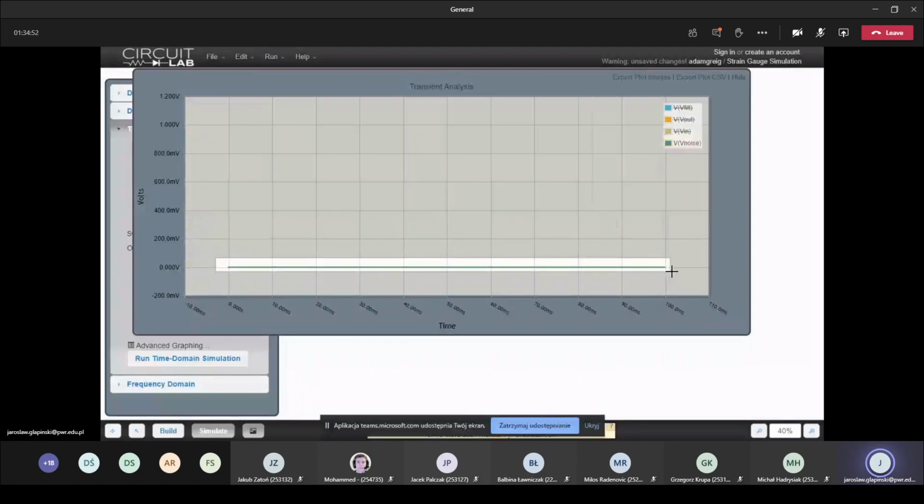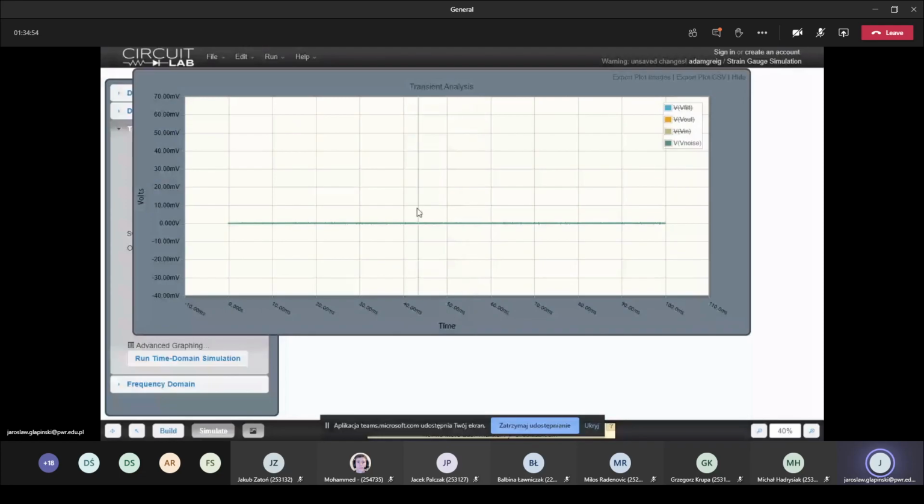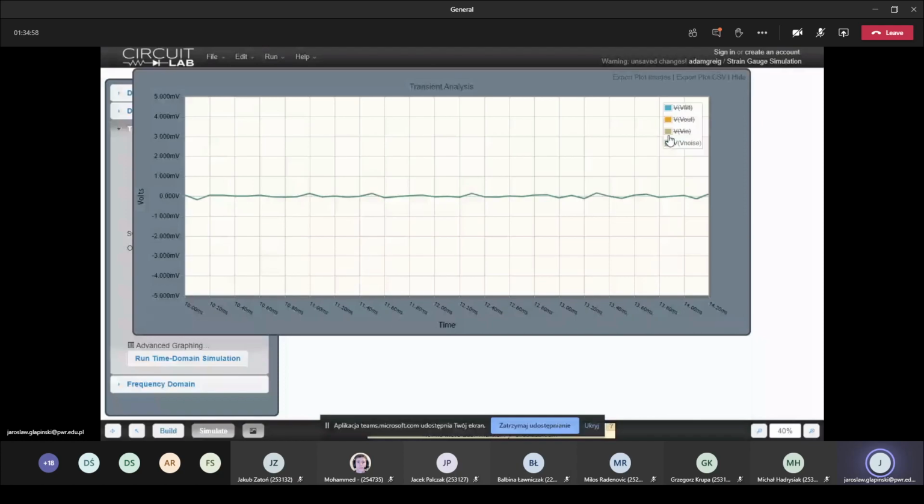I don't know this program, as a matter of fact. Okay, so we've got the noise of the input signal. This is added by us in the simulation process.